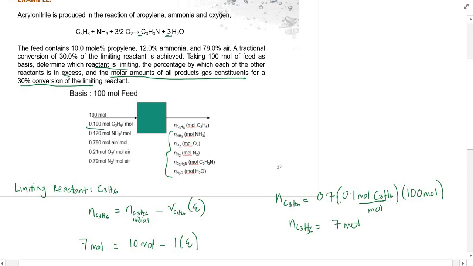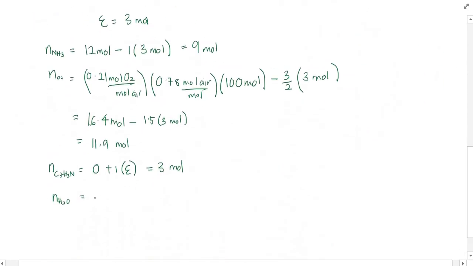And you have 3 for the stoichiometric ratio, so 0 plus 3 E. 3 multiplied with 3 is 9. So at the end of the reaction, you have 9 moles of water.